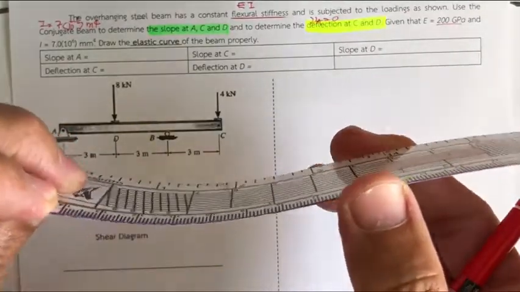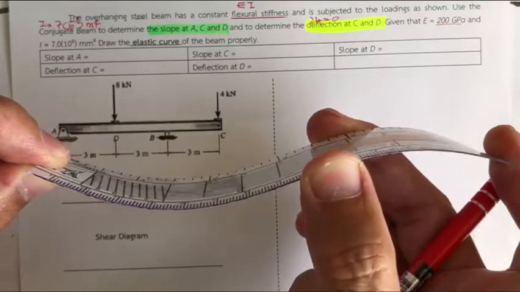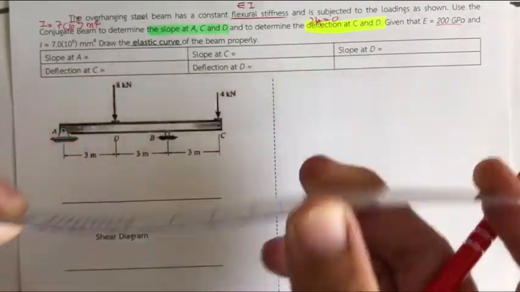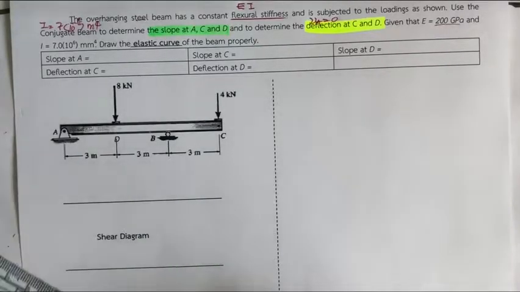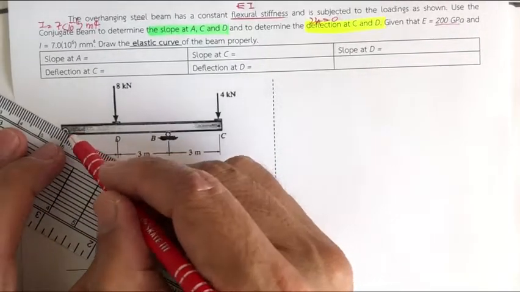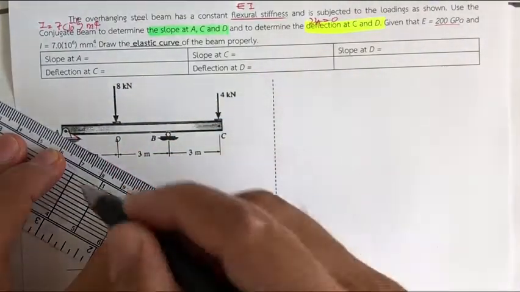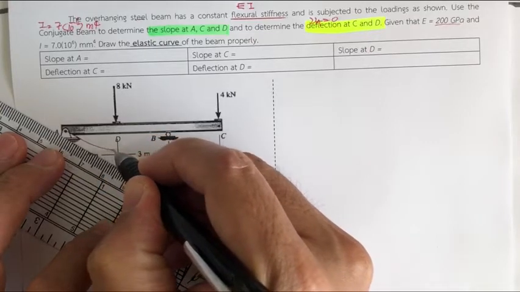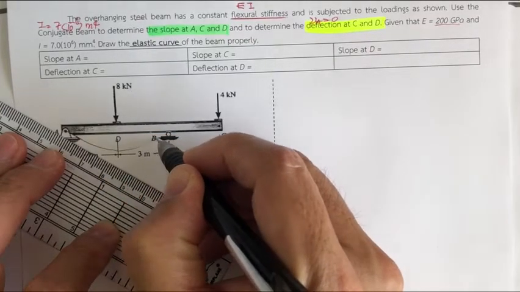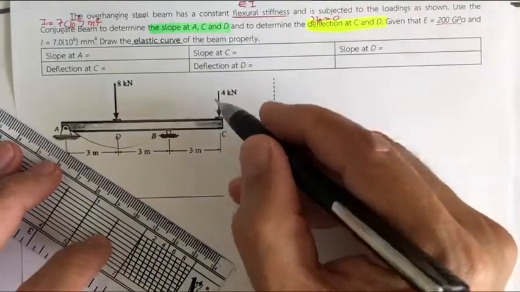It's going to be something like this, and then there is something like this. If I can show you here, okay. So now the deflection is supposed to be something downward here, and this one is going to be up like this, okay, and it won't go upward like this as I showed you, because that is 4 kilonewton.